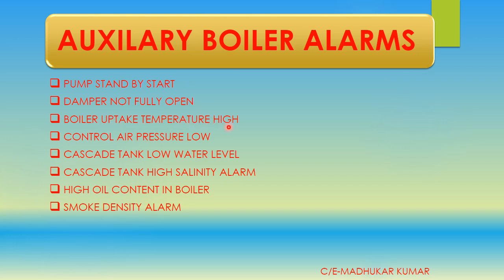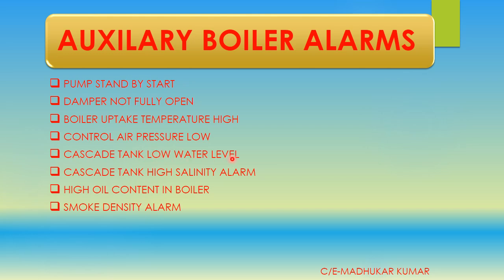Boiler uptake temperature high indicates a possible boiler uptake fire, maybe not exactly, but it can happen after some time, so you have to take corrective action on time. Control air pressure low: with pneumatic operation, the valves and dampers will be restricted and will not operate correctly, so you have to find the cause and correct it.